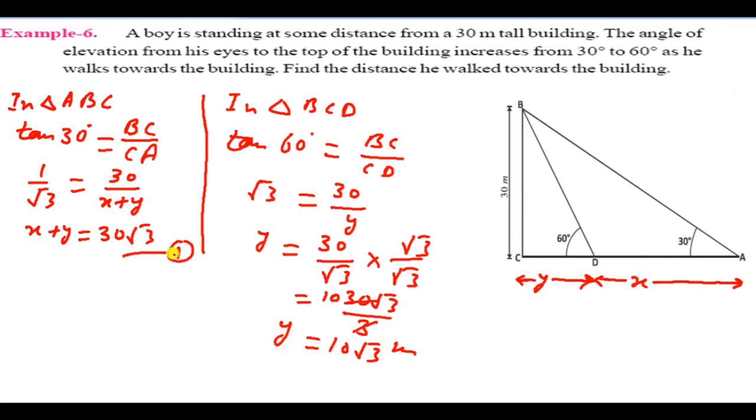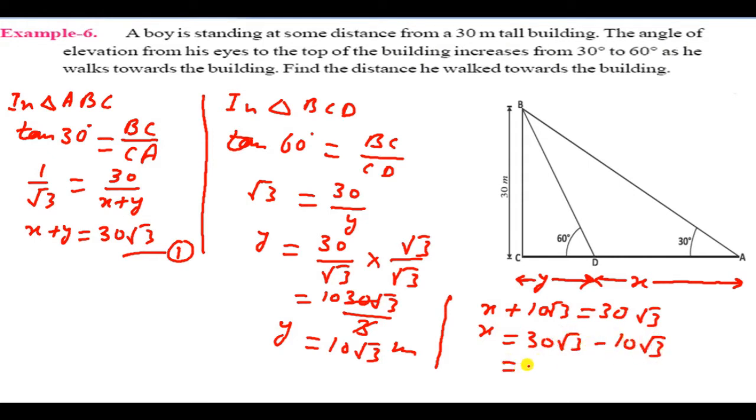So x plus y, what will happen? x plus 10 root 3 is equal to 30 root 3. So x is equal to 30 root 3 minus 10 root 3. So it becomes 20 root 3 meter. So that is the answer.